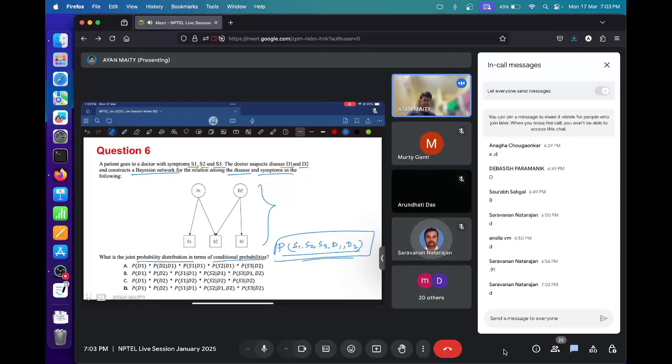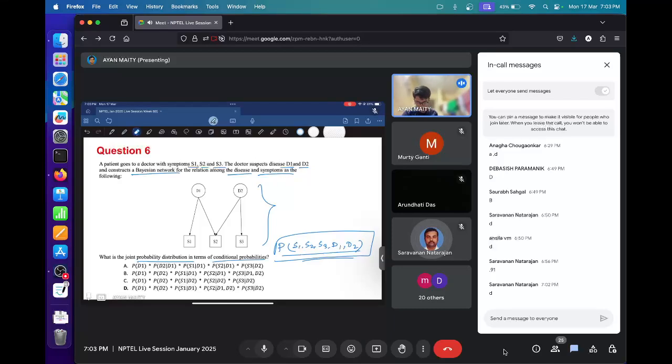So to find out these joint probability distributions, first you need to segregate the variables which do not have any incoming edges. So D1 and D2 don't have any incoming edges, so they are independent. Individually they are independent of all the other nodes.